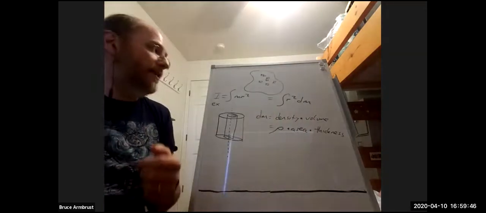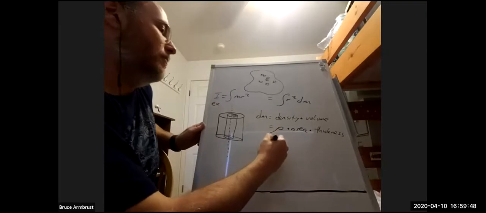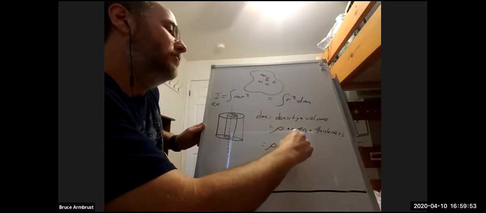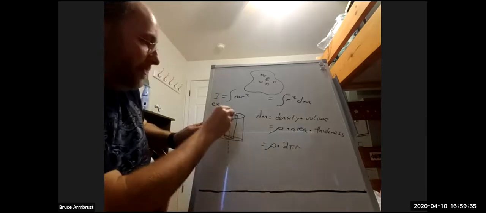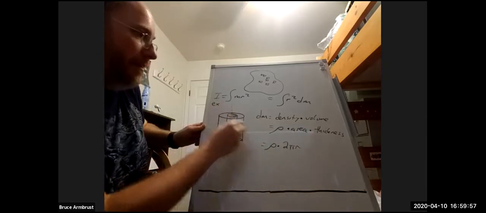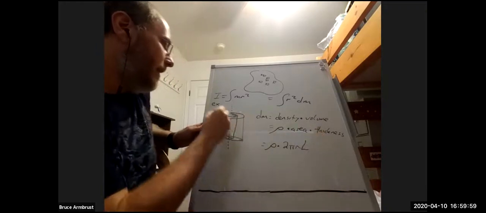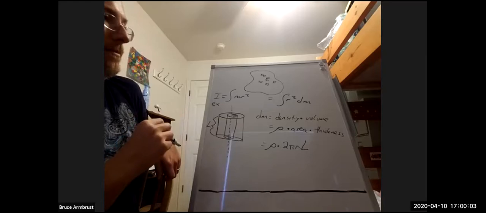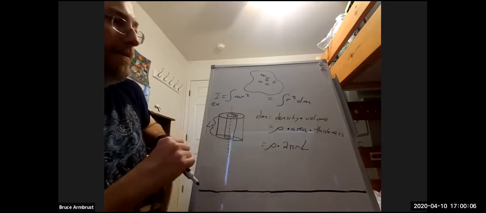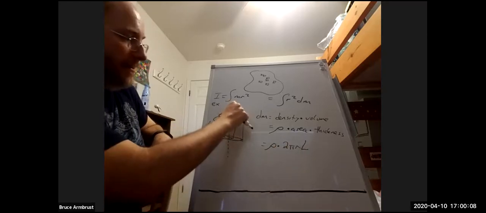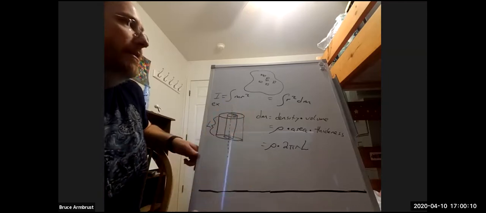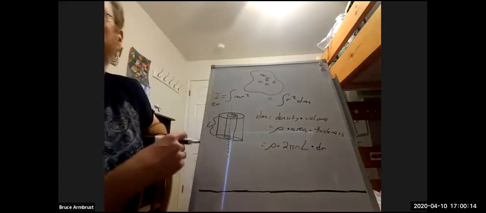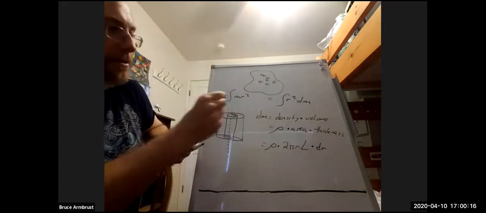So if we put this all together, we're going to get rho times 2 pi r, that's the circumference of this guy, times L. Let's go with this thing is length L. So there's its area, and then its thickness, since it's a little tiny shell, is going to be a differential, a differential r, a little tiny deal.